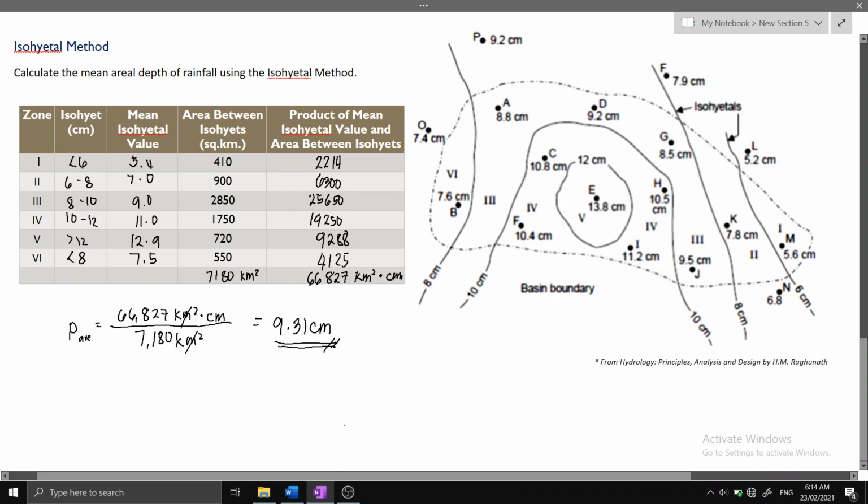So if this is performed well, the isohyetal method is the most accurate method in determining the aerial rainfall by using point rainfall measurements.